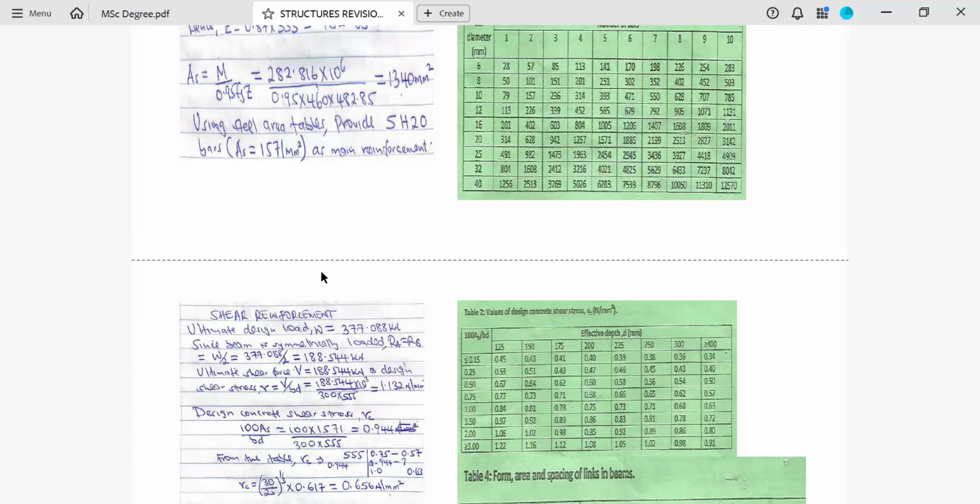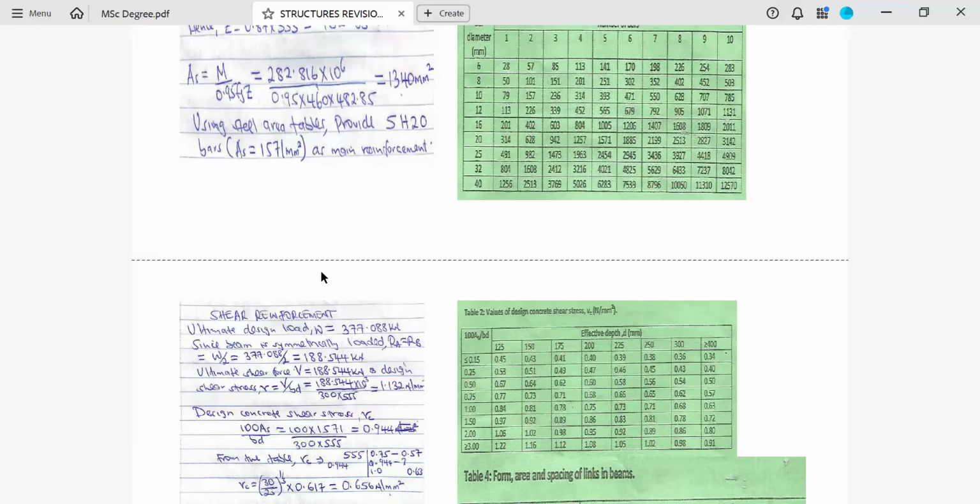Now on the first column, from 0.75 to 1, I know they are 0.25 unit. I go to the second column, not effective depth, for the value of design concrete shear stress. At 0.75, I have 0.57. At 1, I have 0.63.